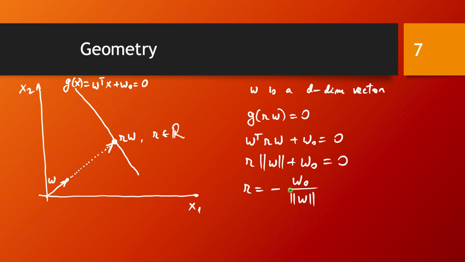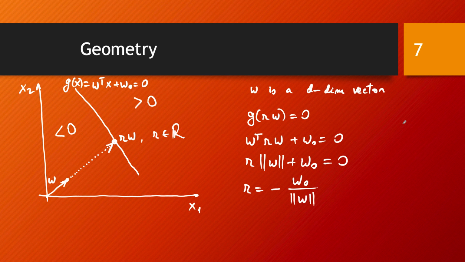So just to sum up about the geometry of this binary classification, we have a discriminant which is of the form g of x is equal to w transposed x plus w0. And we have a decision procedure by thinking about whether g of x is larger than 0, and it is going to be larger than 0 on one side of this hyperplane, or whether it's smaller than 0, and that's going to be the case on the other side of the hyperplane.